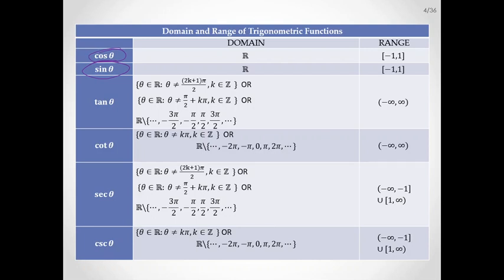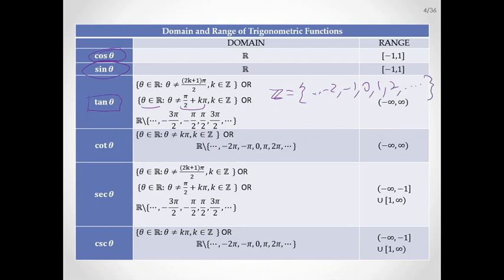Now, the domain of tangent theta is all angles except those. Here, Z stands for all integers.